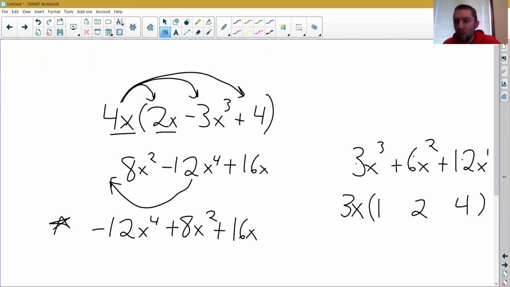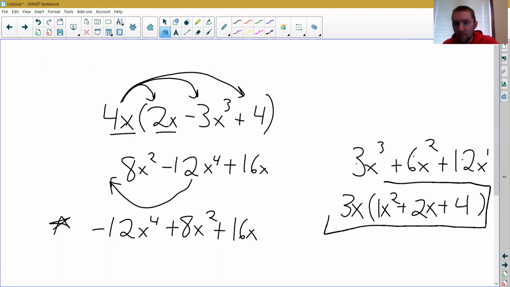And then I divide away one x from each term. So x to the third now becomes x squared. x to the second now becomes x to the first power, which I don't need to write there. And then the last term, x to the first, now all the x's are gone because I factored out the only x that was there. And so I end up here with this factored form when I factor out that greatest common factor.